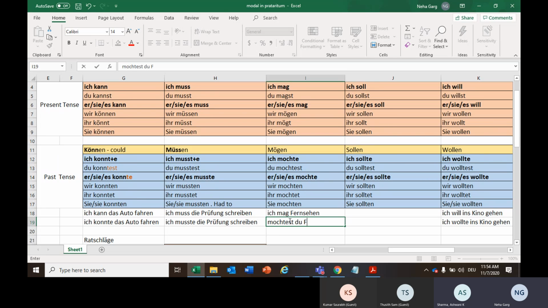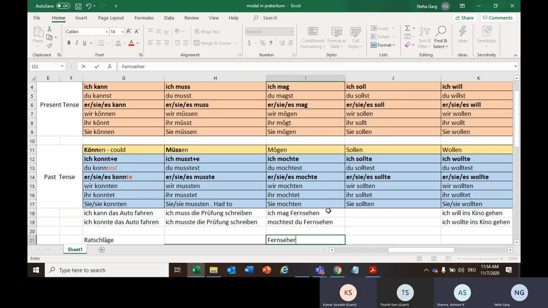Mochtest du Fernsehen? We don't use a dedicated word for watching television, or is just mentioning Fernsehen enough? Fern plus sehen, that means to watch television. Sehen, to watch, and Fernseher. So there are two words.